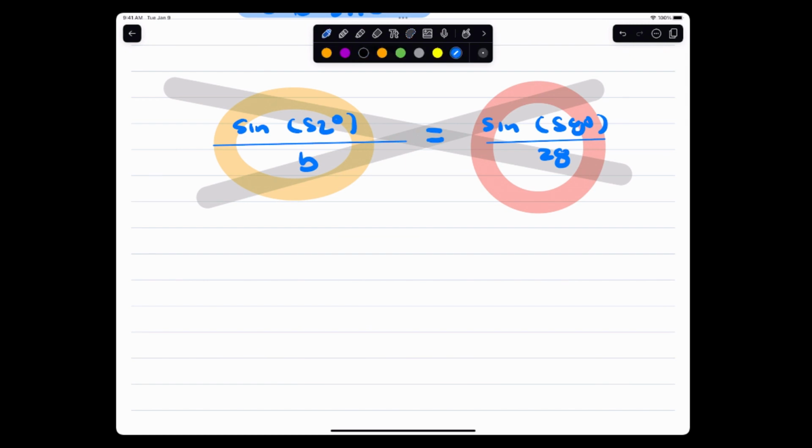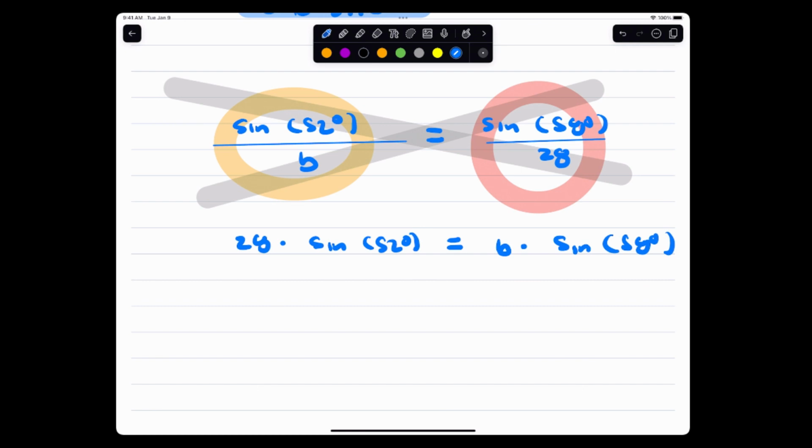All right, ladies and gentlemen, here you go. 28 times sine 52 degrees will equal B times sine of 58 degrees. Okay, cross multiplication.